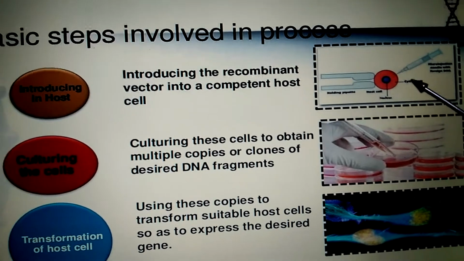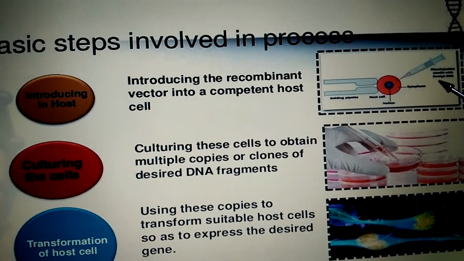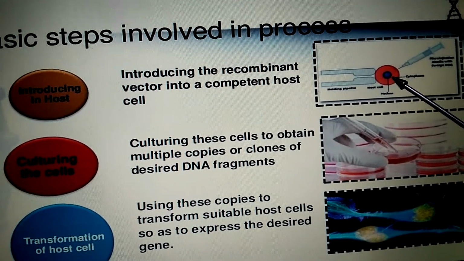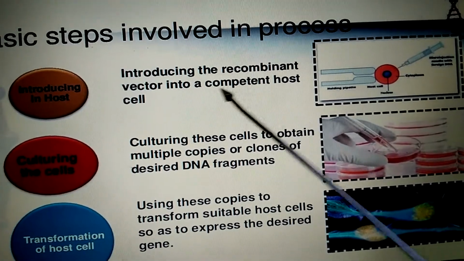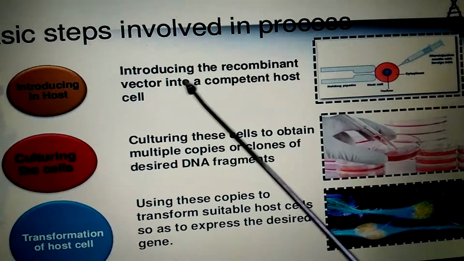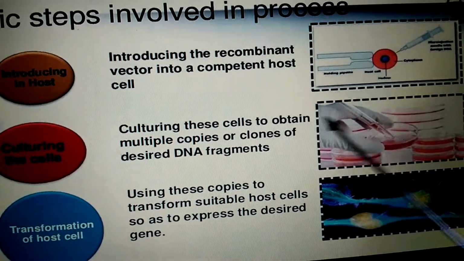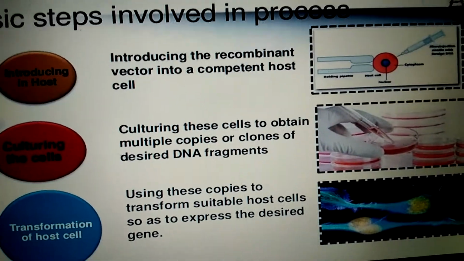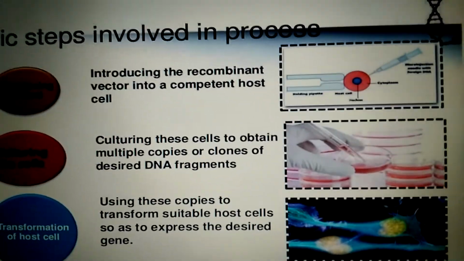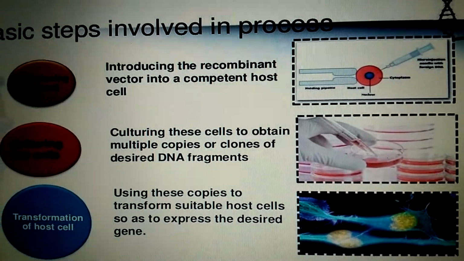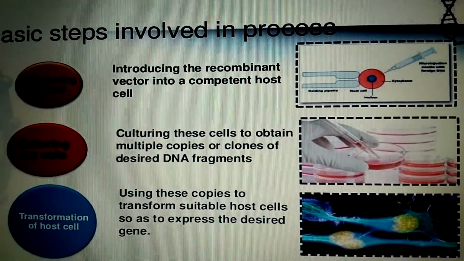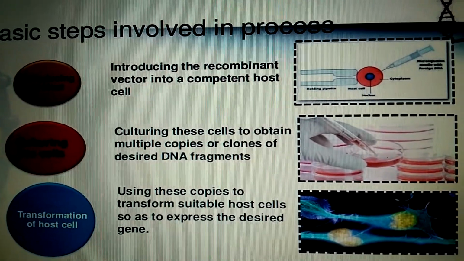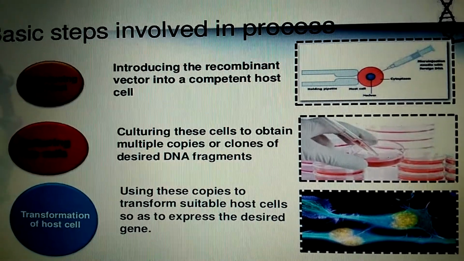Now it is then introduced into the host with the help of various methods like the ballistic method and the microinjection method. In various manners, the recombinant vector is introduced into the host cell. After that, the culturing is done in order to obtain multiple copies or clones of the desired DNA molecules or fragments. Using these copies, the transformation of host cell is done so that we are able to distinguish between transformants and non-transformants.